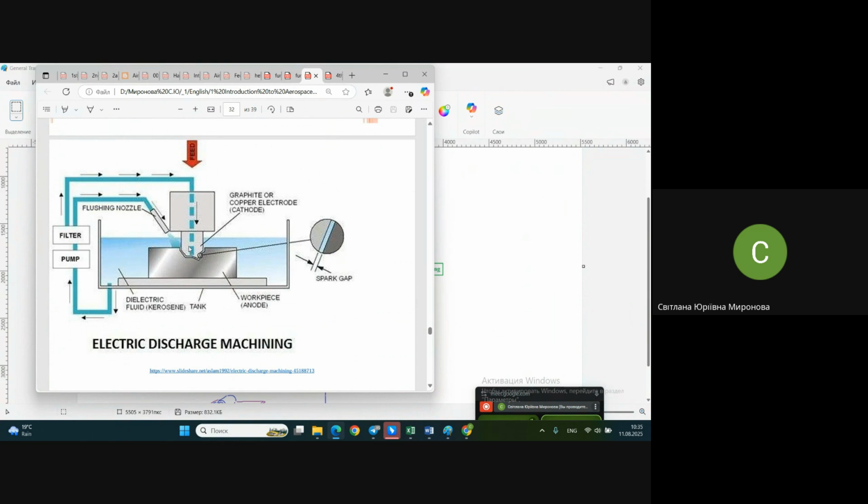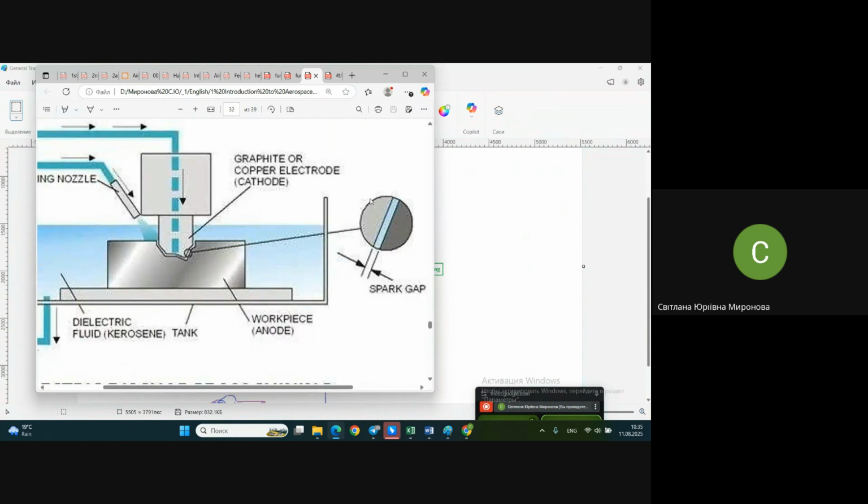And if you supply energy to this electrical chain, we have a clearance here, we have a gap, and it's visible that we have a gap. If this gap is within appropriate limits, usually from dozens of micrometers up to maybe 5 millimeters, it depends on what you do, what material, and so on.